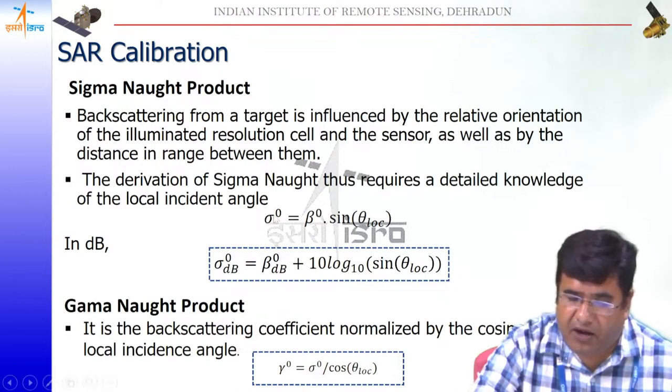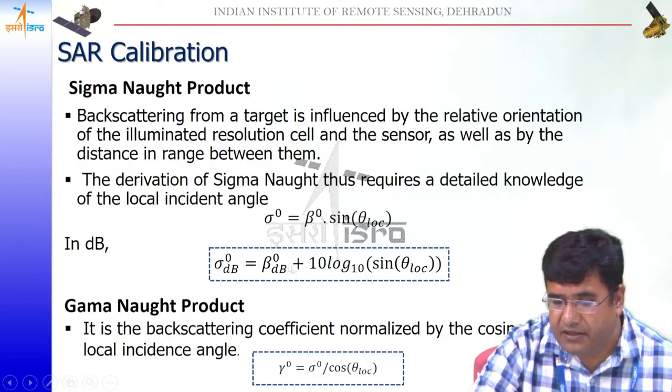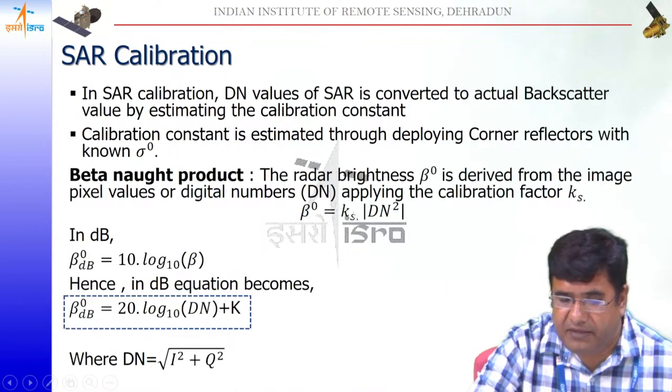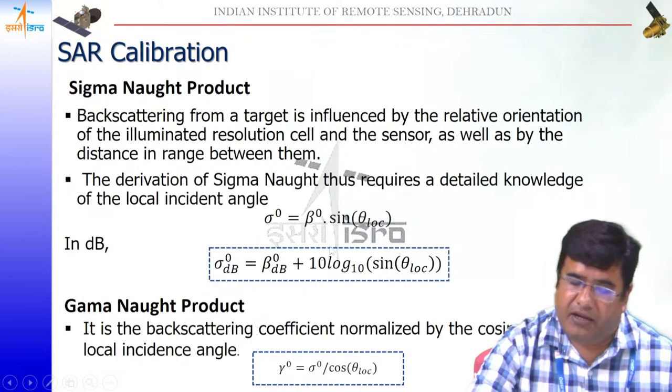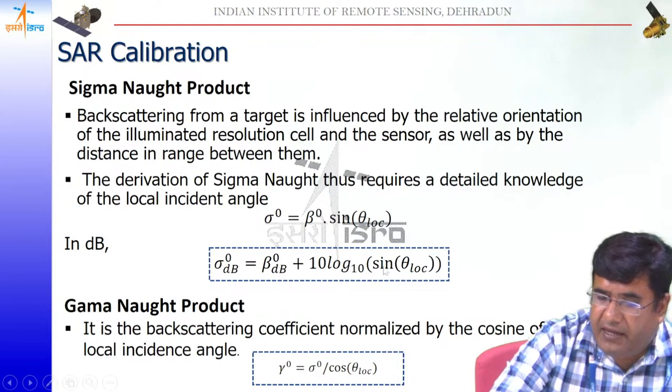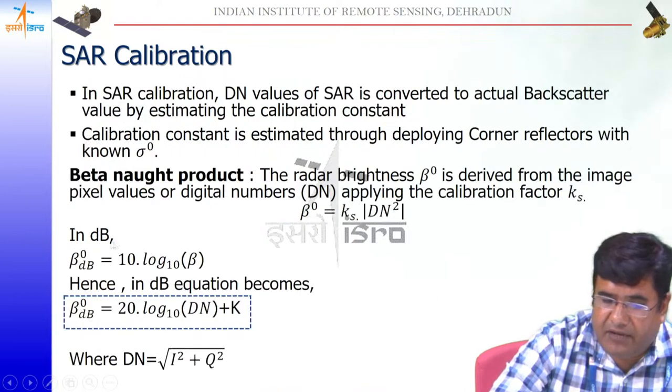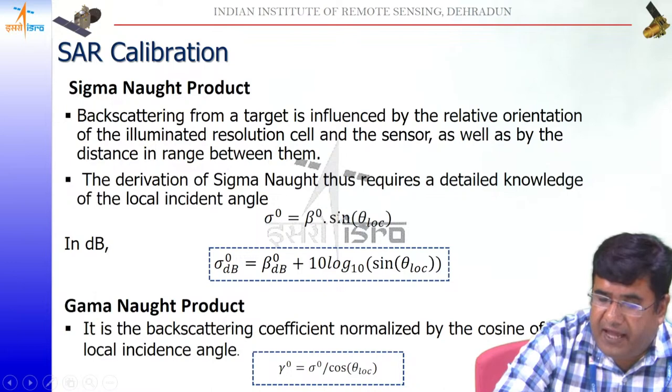So how can we calculate sigma naught? The sigma naught product is given by beta naught plus 10 log 10 of sine theta. Once we derive the beta naught product, we can calculate the sigma naught product from it by using the calibration constant, which is given in the file. By multiplying the beta naught with the sine theta factor, we convert it into the sigma naught product, which is in the ground range geometry.